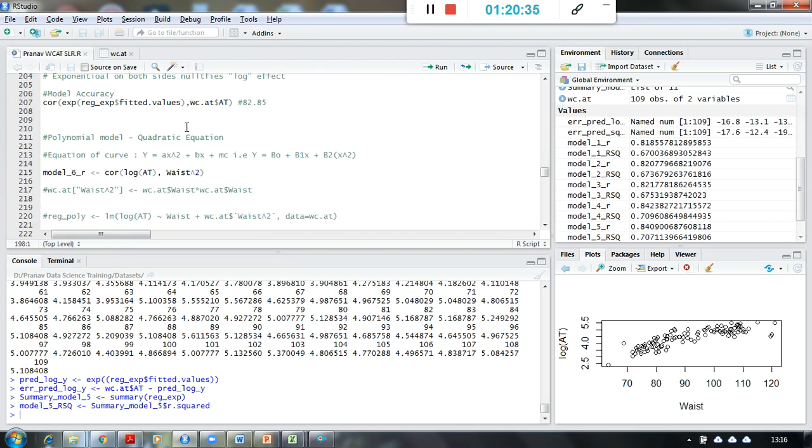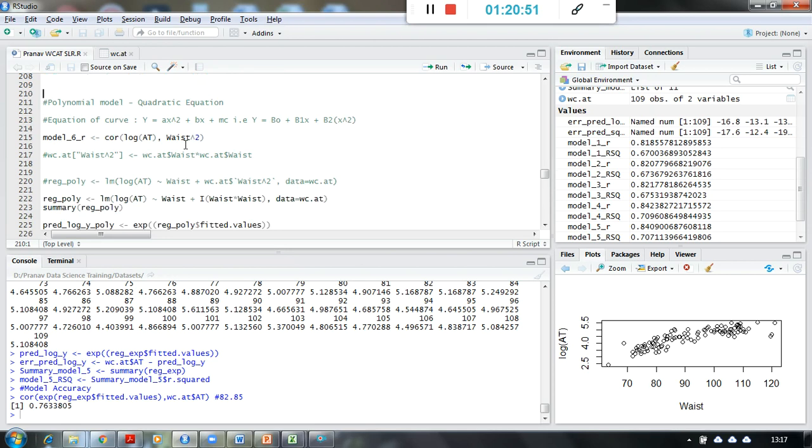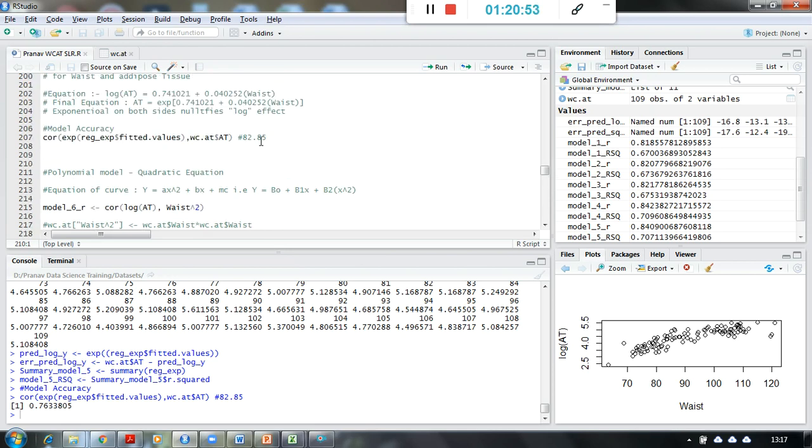Now, let me check the accuracy. What is the accuracy over here? 76. It has gone down actually. With this model building type, my accuracy has gone down. So let us check now. It is 76.33.